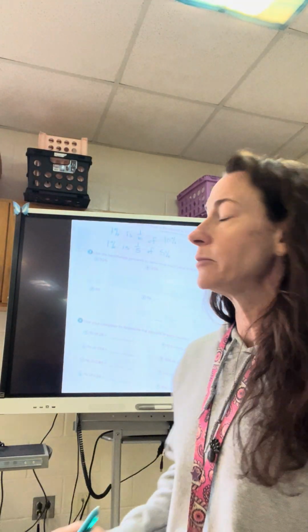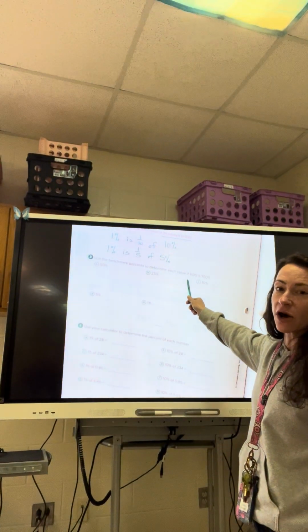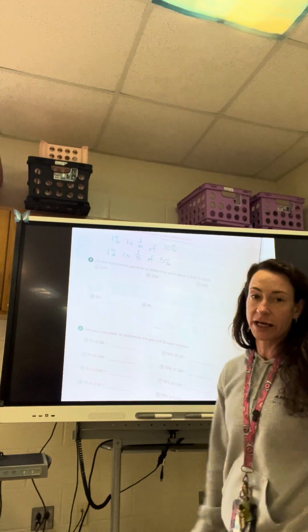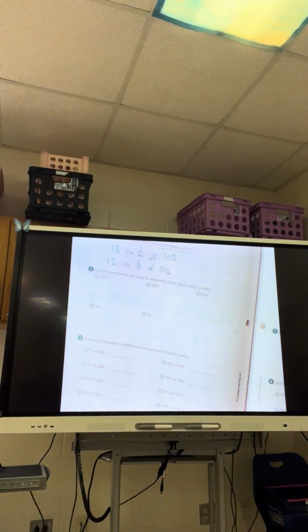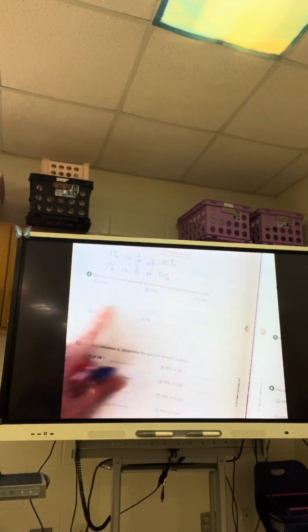Down here, we're going to use these benchmarks to determine each one for the number 600, okay? So our number is 600, and we know if we have all 600, we have 100%. What if we only have 50%? 50% is half of 100%, so what's half of 600?